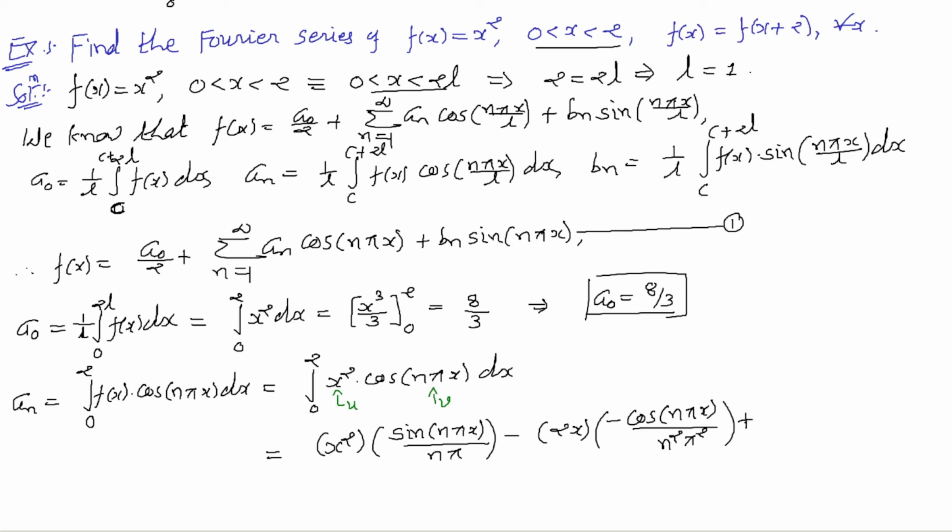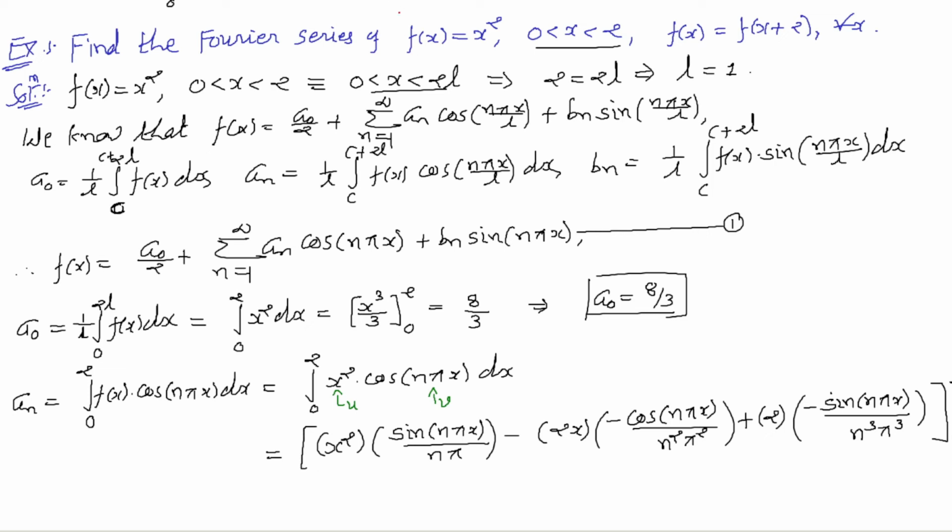Opposite sign, that is plus, derivative of 2x is 2. Integration of this is minus sine n pi x upon n cube pi cube, over the limit 0 to 2.